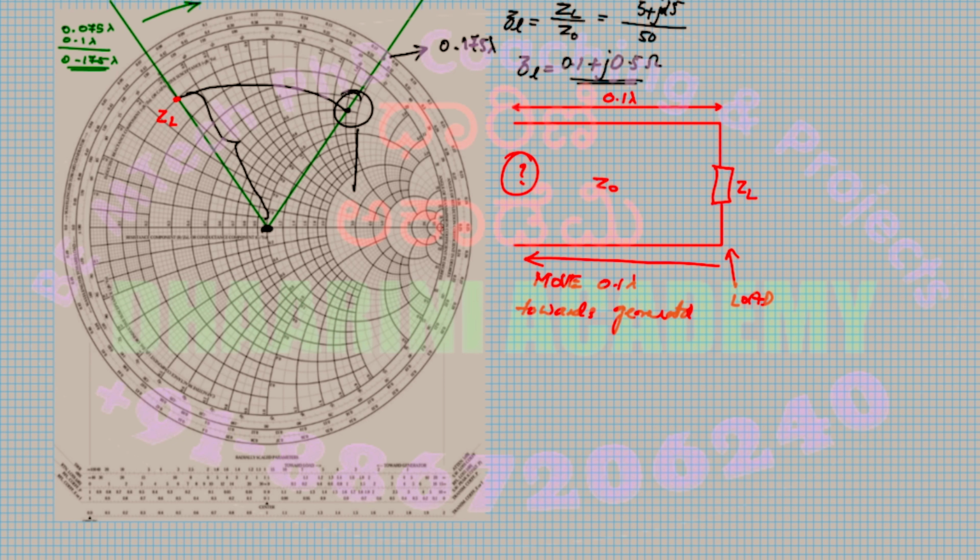We need to read an impedance value over there. 1.8.